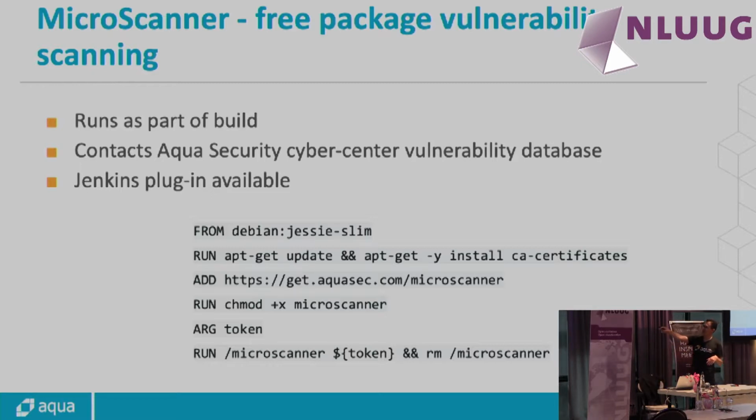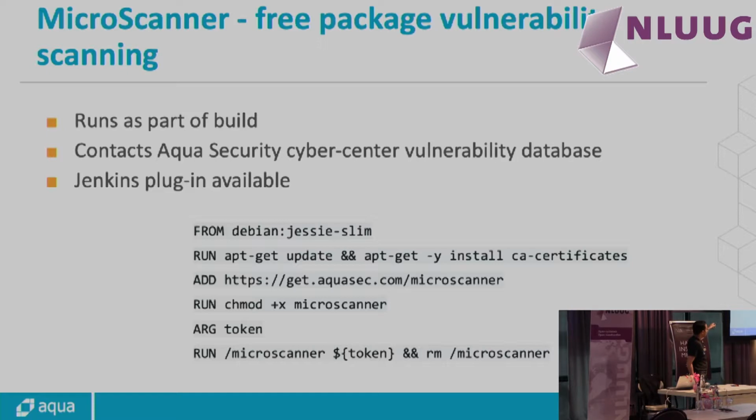After that, there are a few lines. Basically, you see those five lines underneath the FROM Debian. Those are the lines that you need to add in order for microscanner to scan your image. So in this case, microscanner will scan Debian. Let's go one by one.